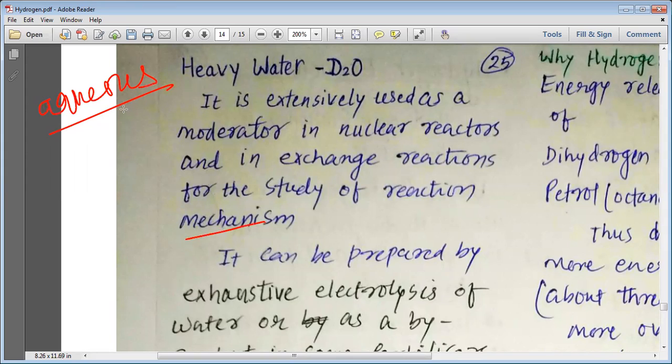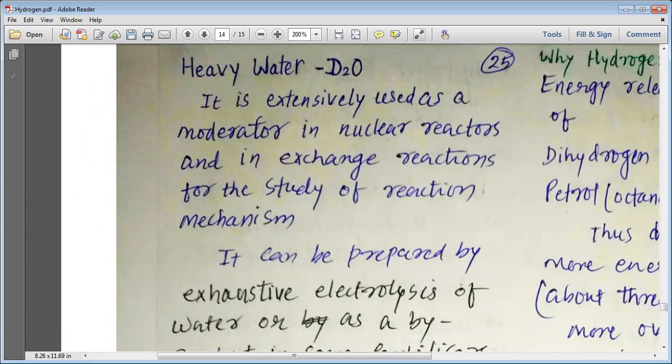Now instead of H2O, suppose we use D2O and then find out where, instead of H, we find D. Then we can understand what the role of water is in that particular reaction. So instead of water, when we use heavy water D2O for a particular reaction, we can come to know what happens to the water molecule in that reaction.